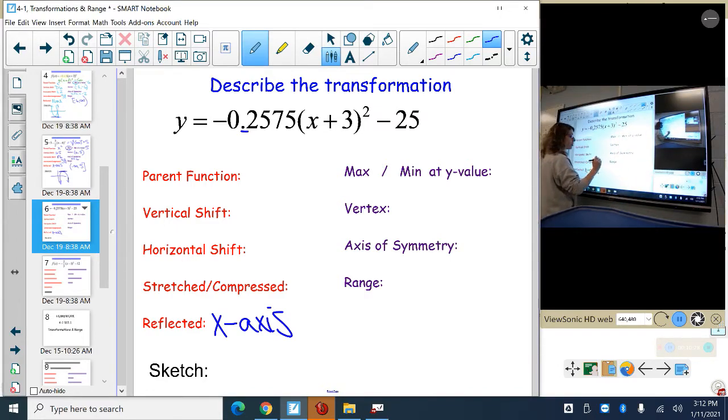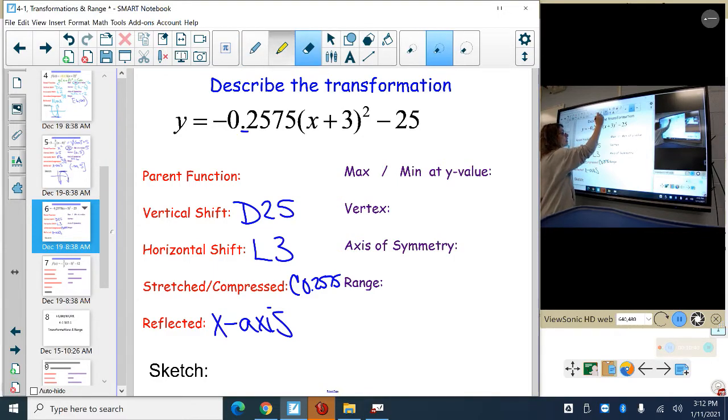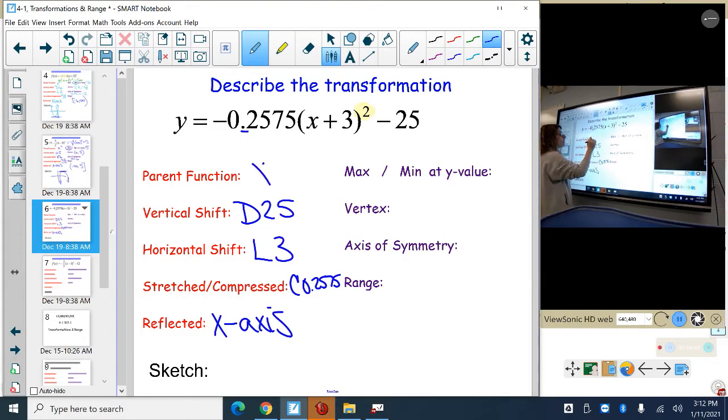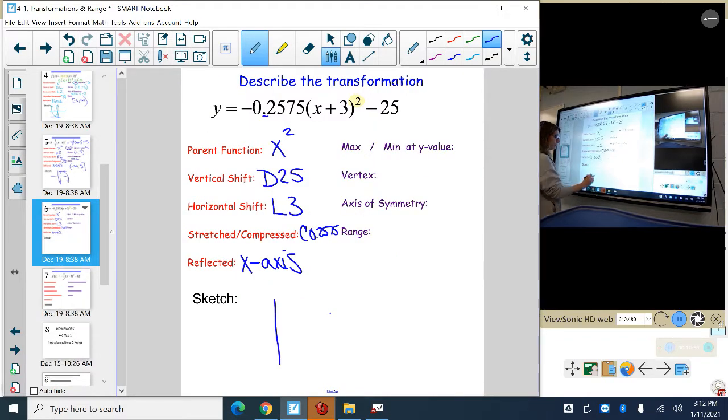So therefore, this is a compression of 0.2575. The plus 3 means I'm going to the left 3 units. The minus 25 means I'm going down 25. And then this lovely little power of 2 tells me it's a quadratic, x squared. So I'm going to go ahead and graph this function.